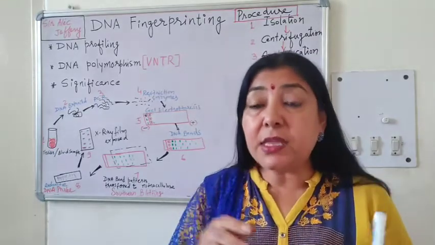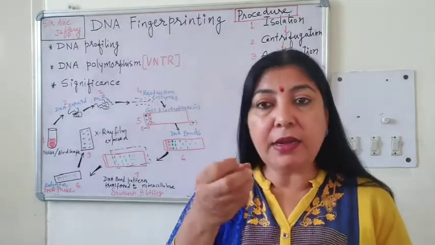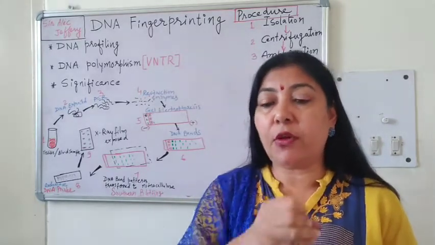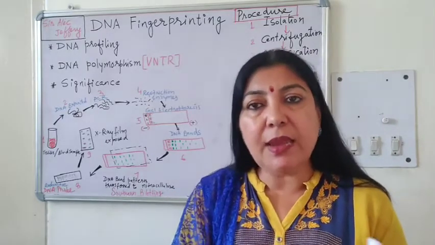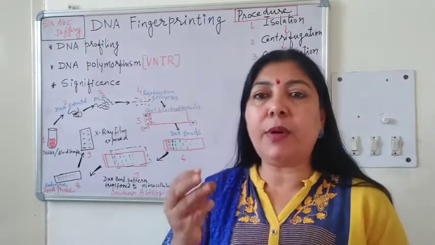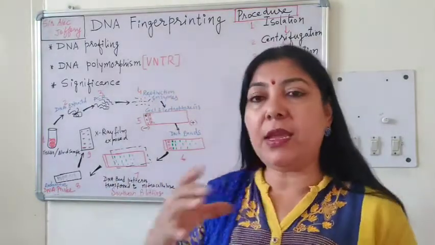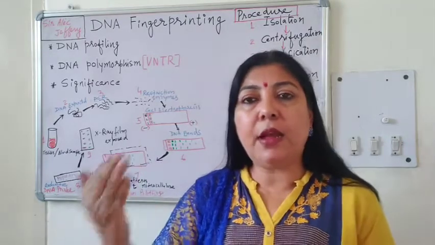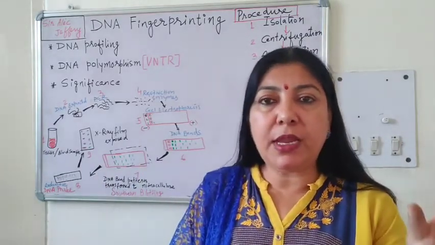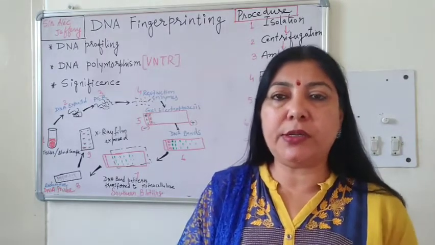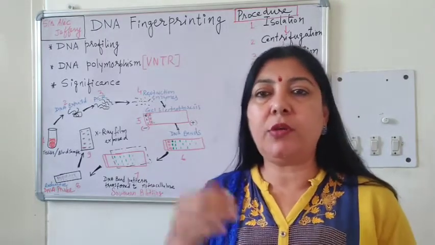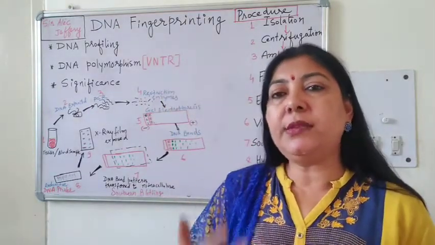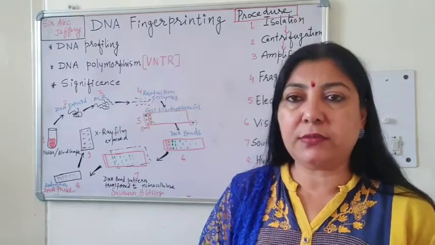By analyzing the crime scene, by collecting some type of human cells from that particular scene, we can later on profile that particular tissue, and then we can make the DNA profiles, and we can come to a conclusion that the DNA pattern is of a particular person, whether it matches a particular suspect or not. Okay, so this DNA fingerprinting is used in forensic science.